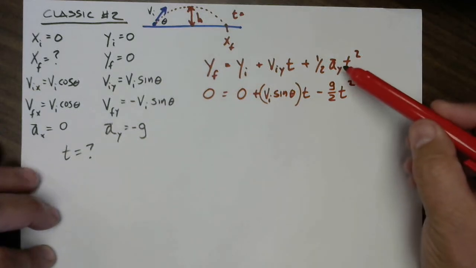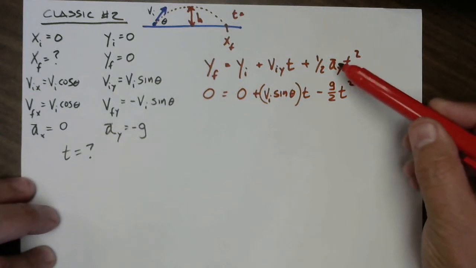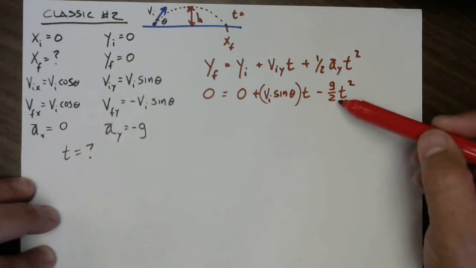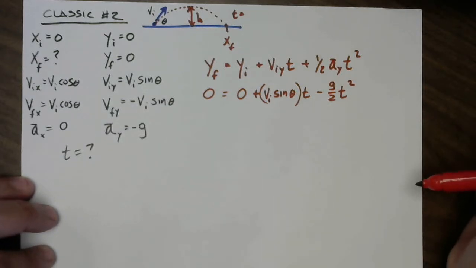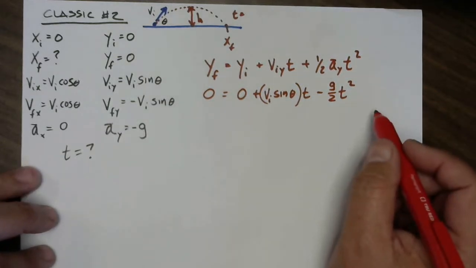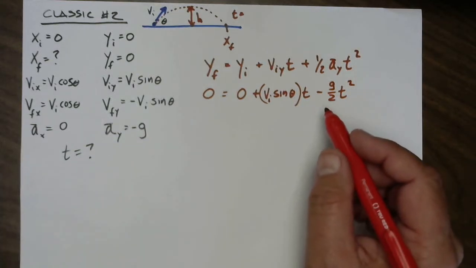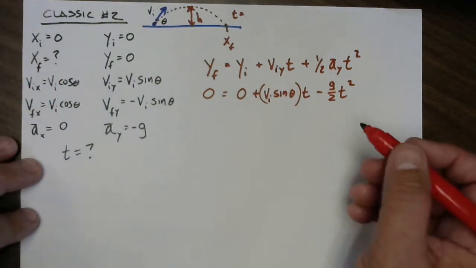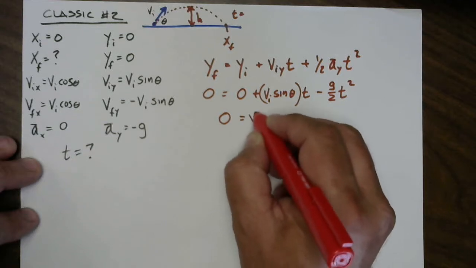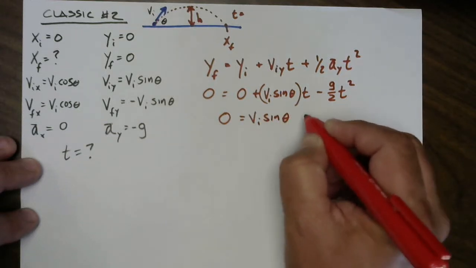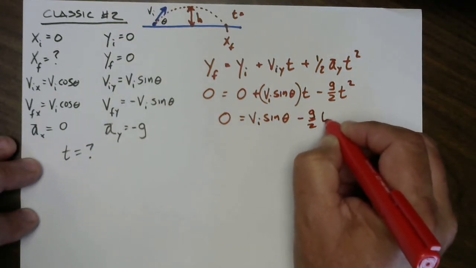By putting a minus g in for the acceleration in the y direction, we flip this to a minus sign and we're over 2. Now the trick that we pulled last time is we divided through by t, which we can still do. This is still classic number 2. And so we wind up with 0 equals vi sine theta minus g over 2 times t.